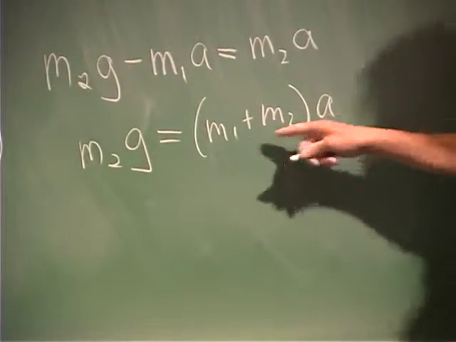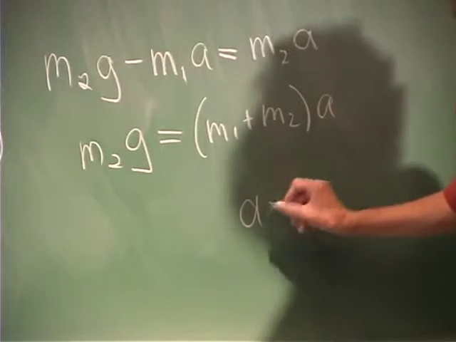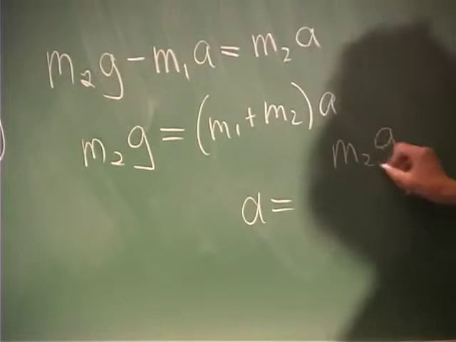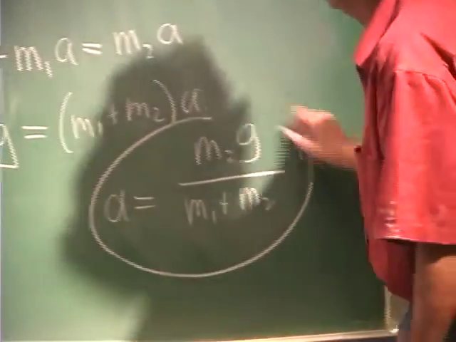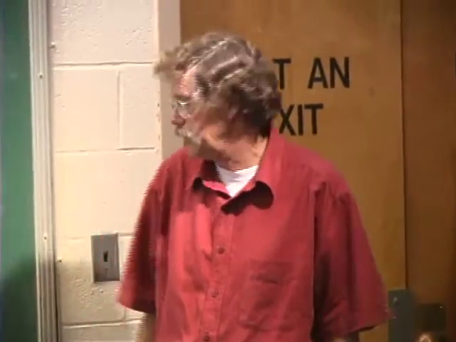And now if I divide through by m1 plus m2, I get a equals m2g over (m1 plus m2). A little bit simpler than the Atwood's machine in practice, a little more complicated maybe conceptually. That's going to be positive no matter what, depending on the masses.